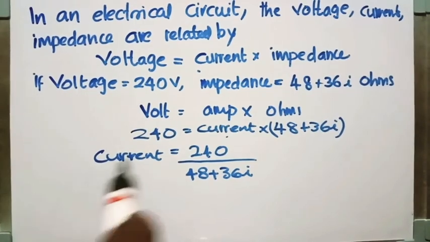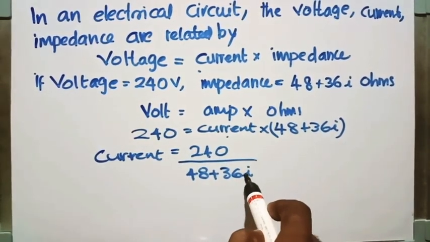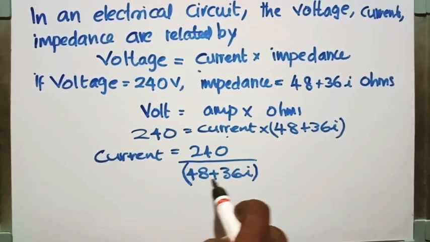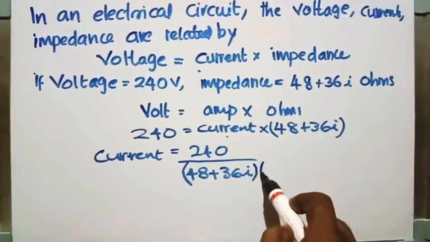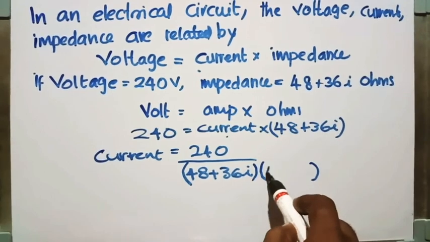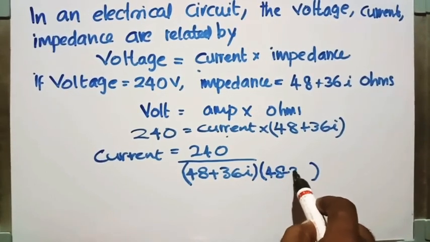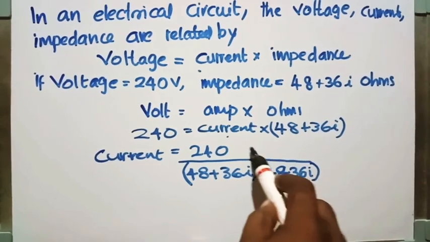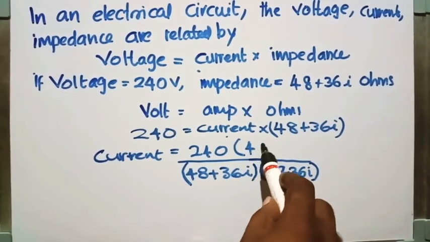But now the use of complex numbers comes. See here, the denominator is a complex number, so it should be multiplied by its conjugate, that is 48 minus 36i. So the same is to be multiplied in the numerator also.